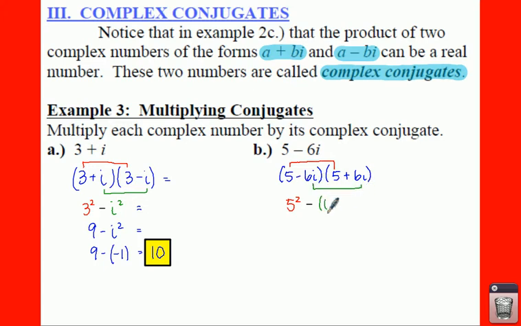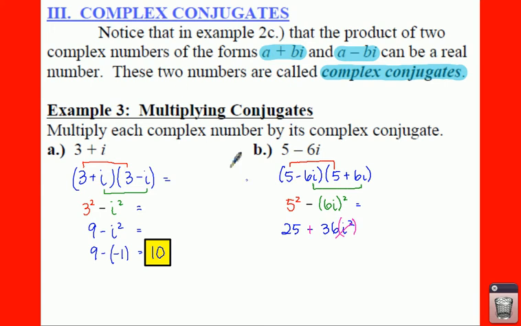So you're going to have a 6i squared. And when you simplify these, this is going to give you 25 minus 36i squared. If you have an i squared, you just mark that out and make this a plus.